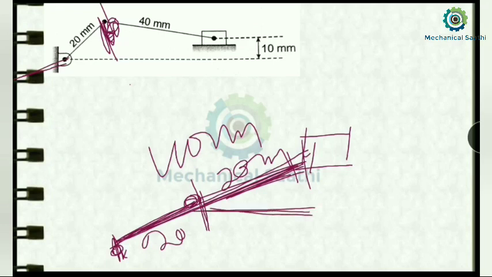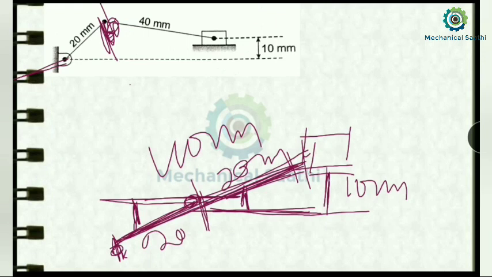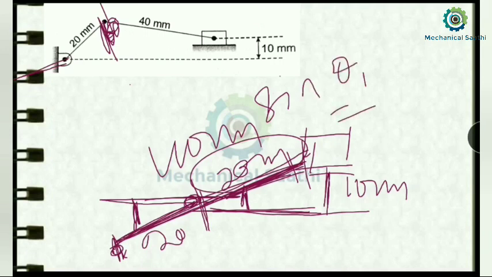So this angle will be equal to this angle. If we can calculate this angle, then the other angle can be calculated. So this value is again 10 mm, and this we have calculated as 20 mm. Now if we put sine, let this be theta 1, then we can calculate it by 10 by 20.